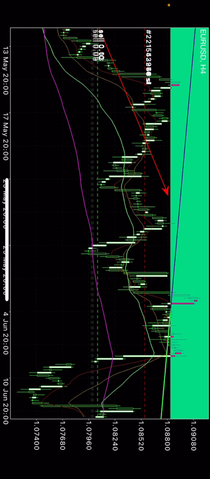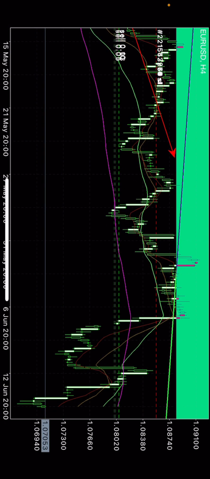As you can see, the red arrow is pointing at the zone that was tested, aka the previous lower high that price gave us in our higher time frame downtrend, right? So what do we do now, right?